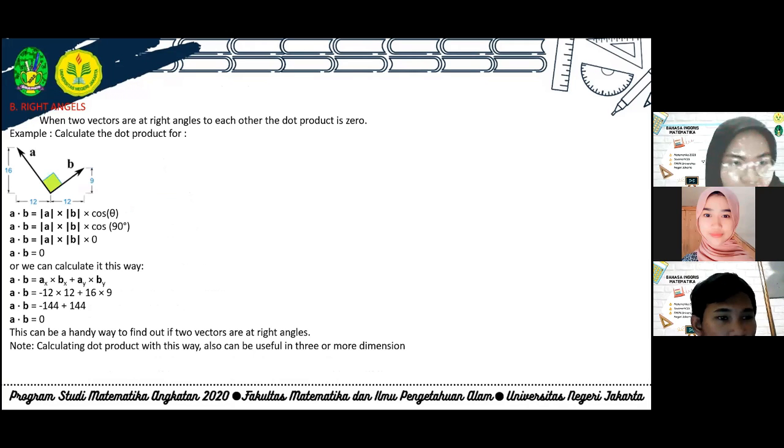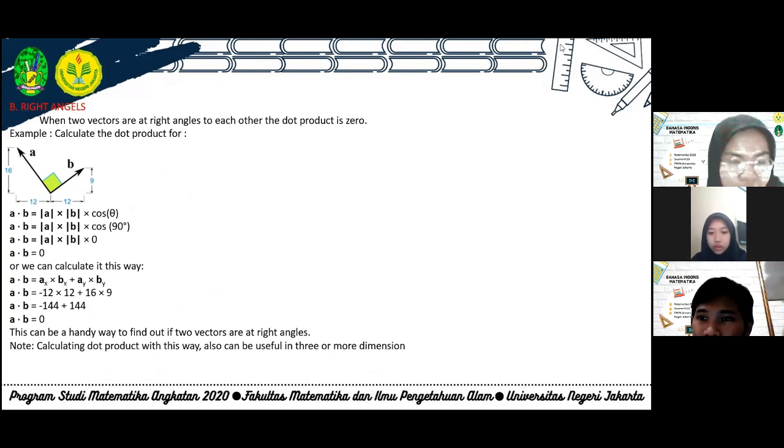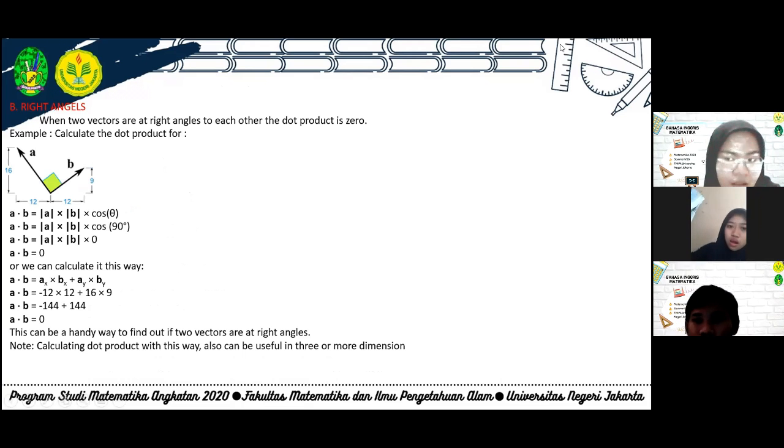Right angles. When two vectors are at right angles to each other, the dot product is 0. Example, calculate the dot product for, here is the picture. The dot product of vector A and B equals the magnitude of vector A multiplied by the magnitude of vector B multiplied by cos theta.